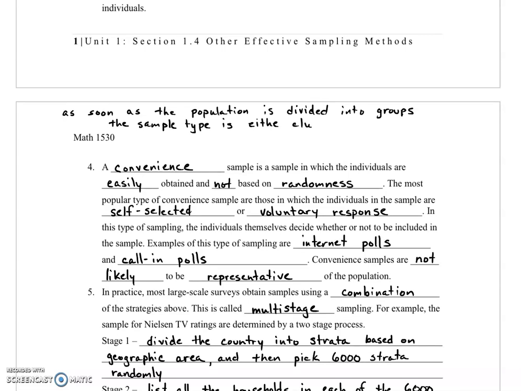Now, how do we tell the difference? So here's the difference.